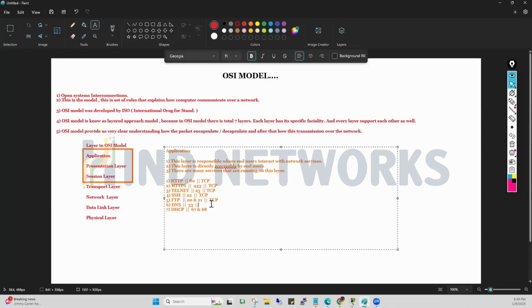If you are using DNS, it will use both TCP and UDP. And what about DHCP? DHCP uses UDP, guys. Understand? I hope these things are clear to all of you. So basically, this is all about the application layer that we need to understand.